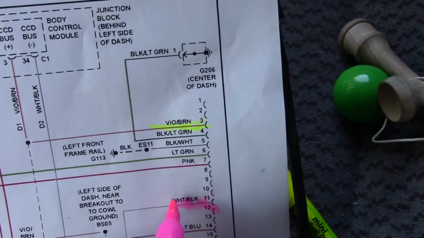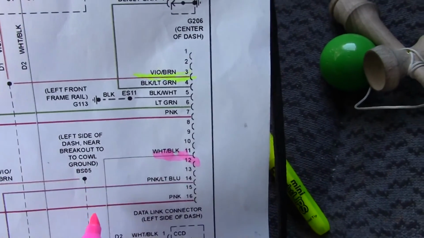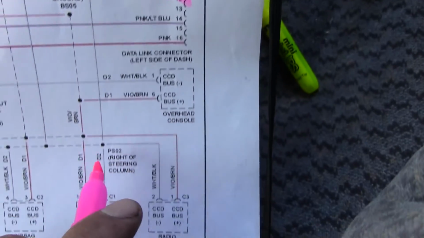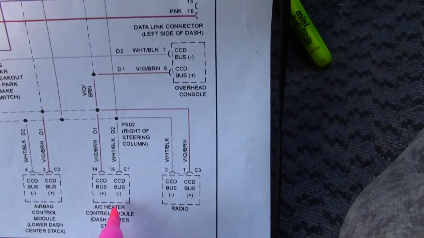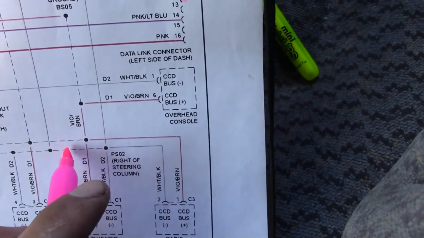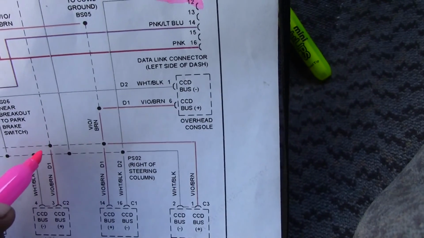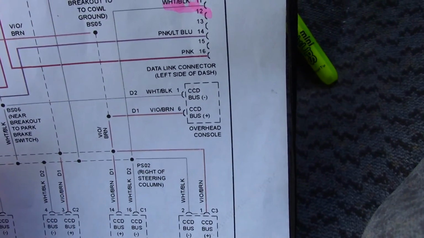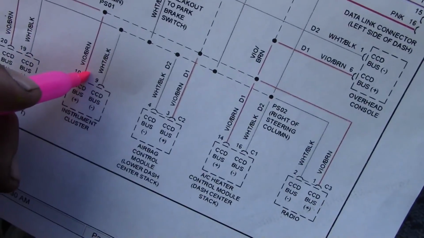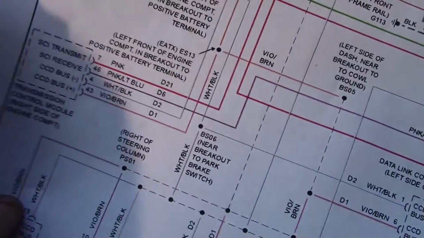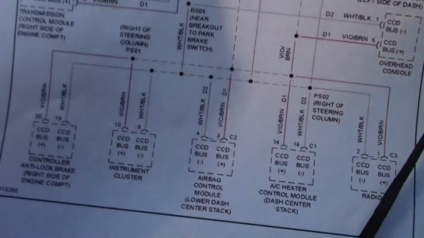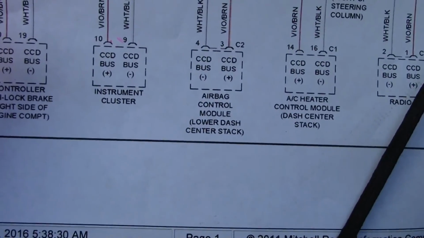If we follow that one, you can see pin 11 is coming to the AC heater supply here, the airbag control module, the instrument cluster right here, and the body control module, anti-lock brake system.